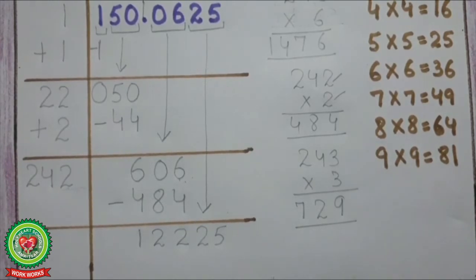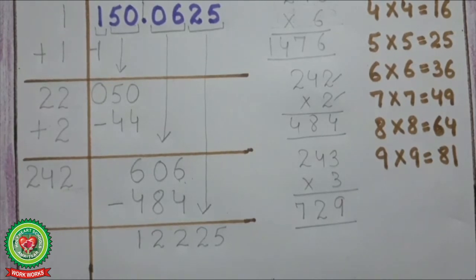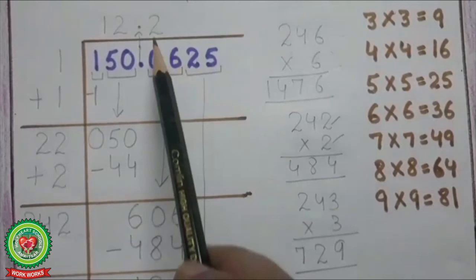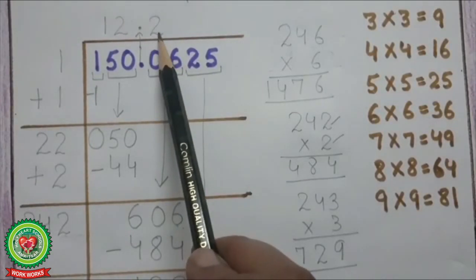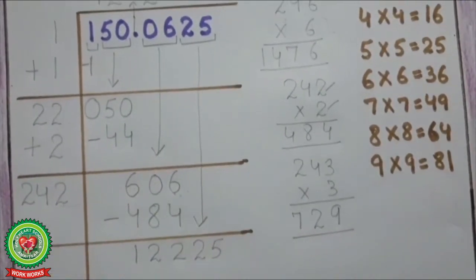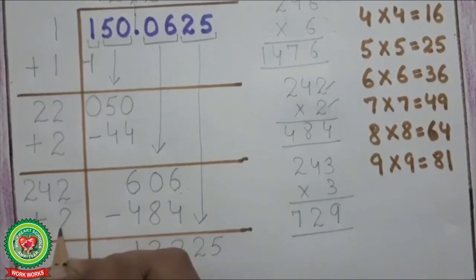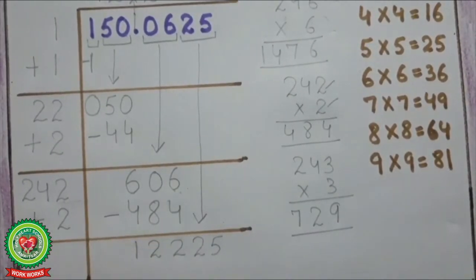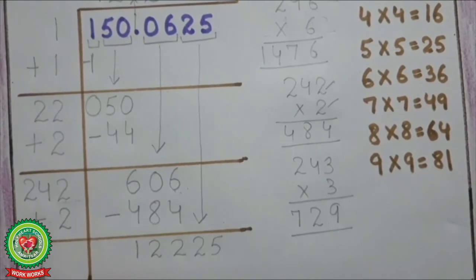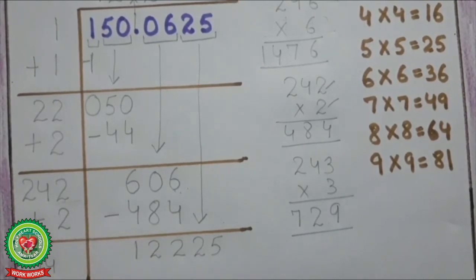Again repeating the next step, that is doubling the quotient, which we do by adding the last digit of the quotient, that is 2, to the divisor like this. 2 added to 242 will give you 244, which we will write down at the place of the divisor.